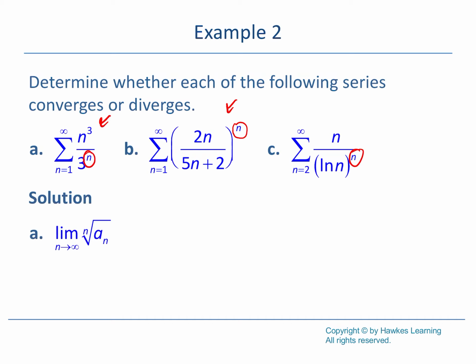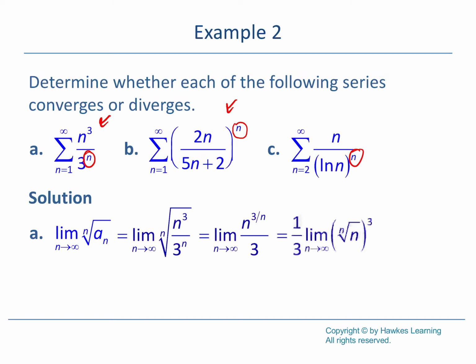Okay, so here's the first one. We take the nth root of the nth term and look at the limit as n approaches infinity. Here we are just applying that root to the exponents. And yes, we see that this converges to 1/3 as a limit.